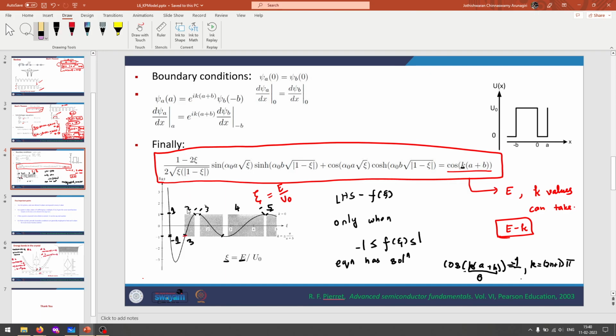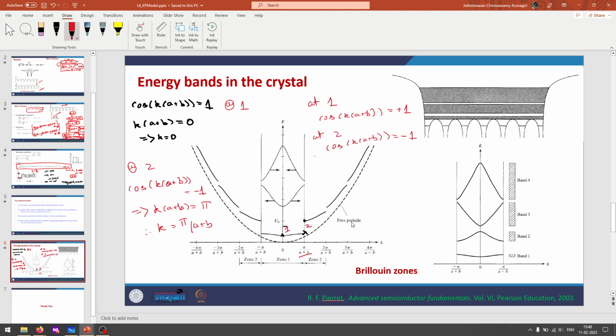So this was point 1, this was point 2, and this is point 3, which is for the same k value.